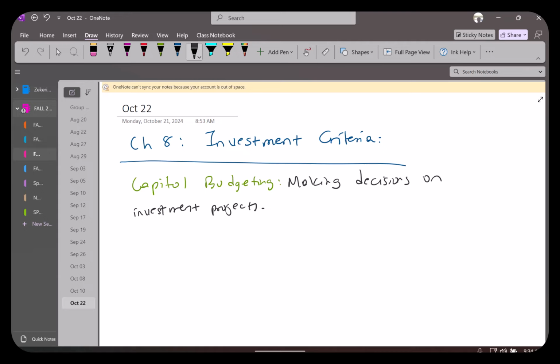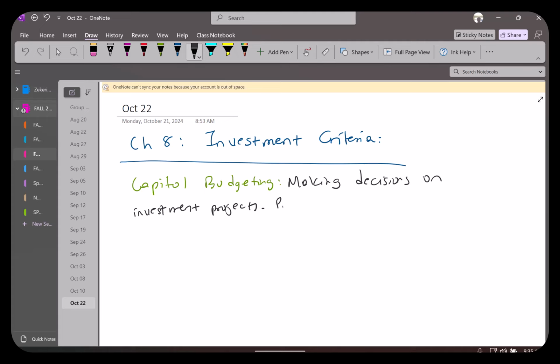Do I want to make improvements to an existing facility? Or do I want to acquire or merge with some other company? Stuff like that. These are major capital investments. I'm not talking about short-term capital investments like accounts receivable, inventory, and stuff.